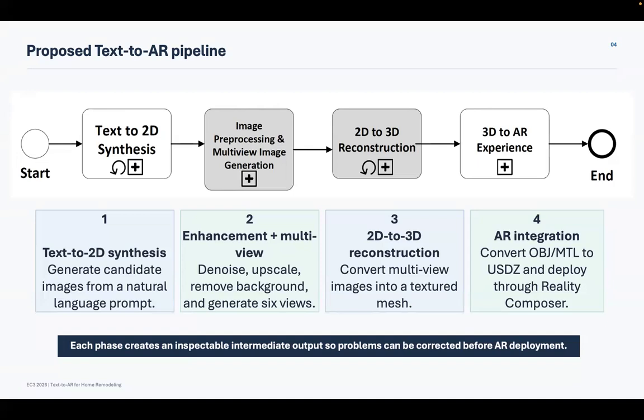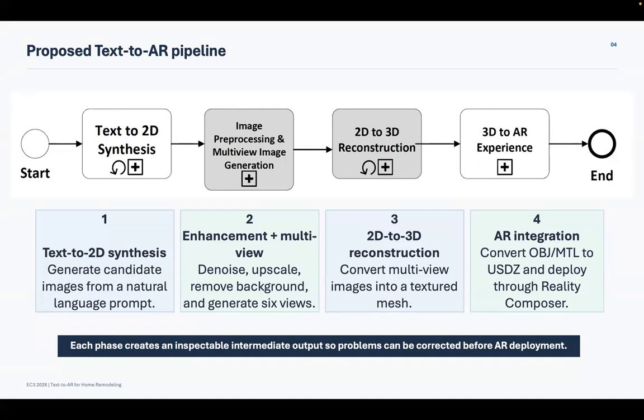The selected image is cleaned, upscaled, isolated from its background, and converted into multiple viewpoints. The third phase is 2D to 3D reconstruction. The synthesized views are used to generate a textured three-dimensional mesh. And the last one, the fourth phase, is AR integration. The reconstructed mesh is converted into an AR compatible format and placed inside a real environment.